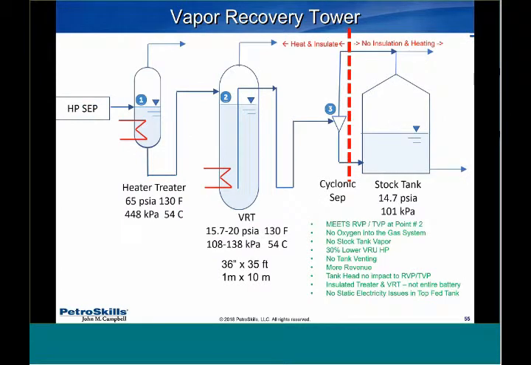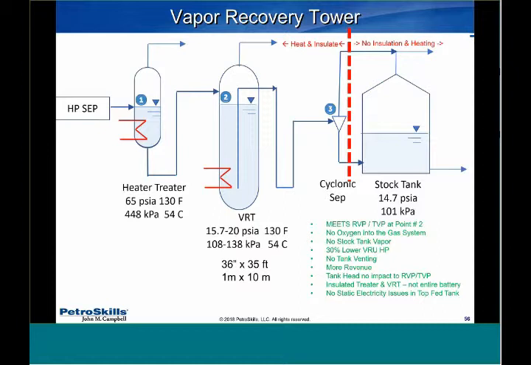So the VRT tower itself operates at 1 to 3 pounds. It's a meter in diameter, 36 inches, 35 foot tall, and the height is just to get enough head height so that you can get into your 20 foot tall storage tanks.